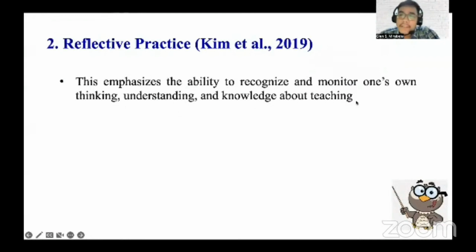If you are that kind of teacher who can self-regulate, you can monitor your thinking, and you have the means or ways for you to really achieve that. So maybe reflective practices on your own. But there are means or ways also that we can give questions.